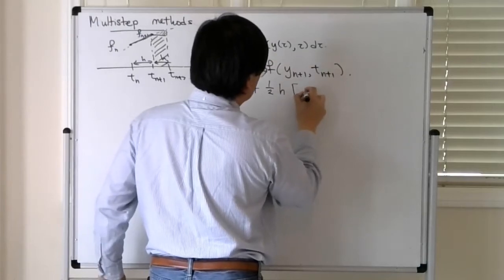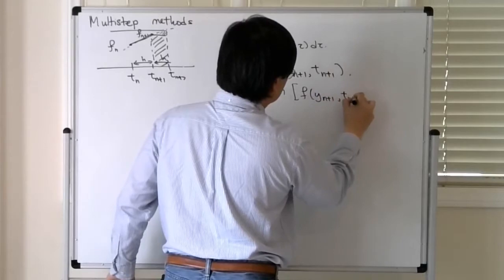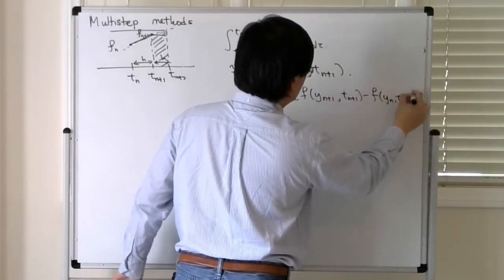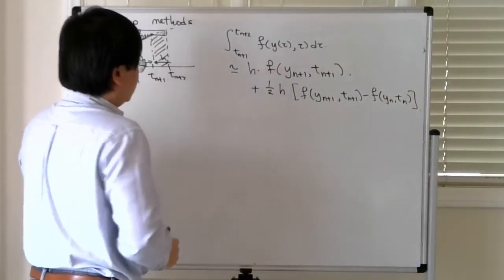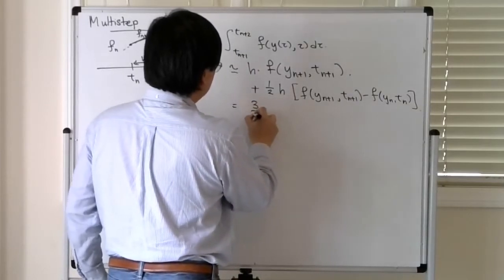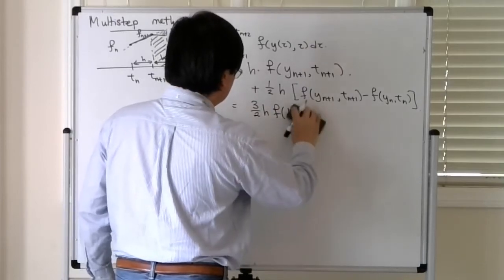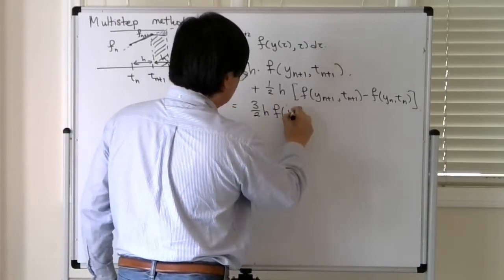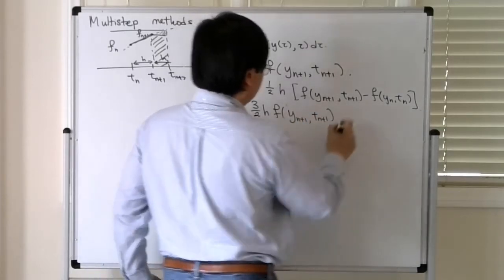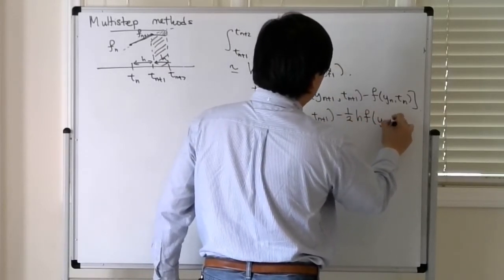So this looks like 3 over 2 h f evaluated at y n plus 1, t n plus 1, minus 1/2 h f evaluated at y n, t n.